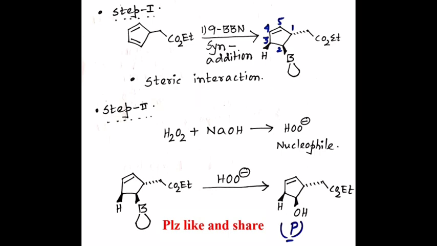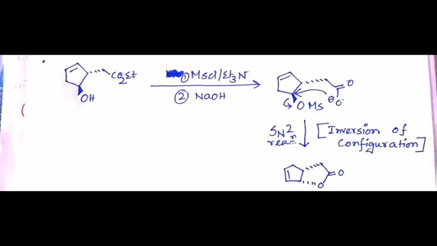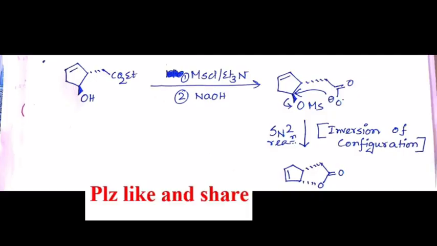After that, in step 2, this boron derivative is treated with hydrogen peroxide in presence of sodium hydroxide. It readily gives the corresponding OH, that means the alcohol group. Okay. So product P is your intermediate product. After getting product P, it is treated with methanesulfonyl chloride in presence of triethylamine.